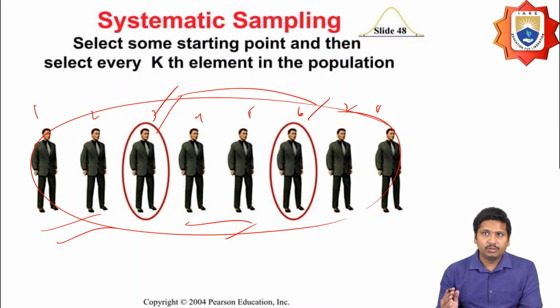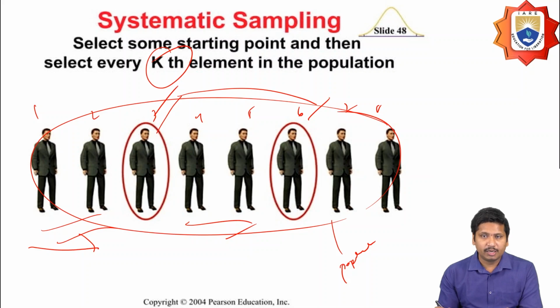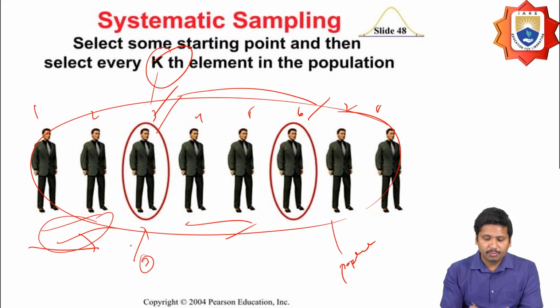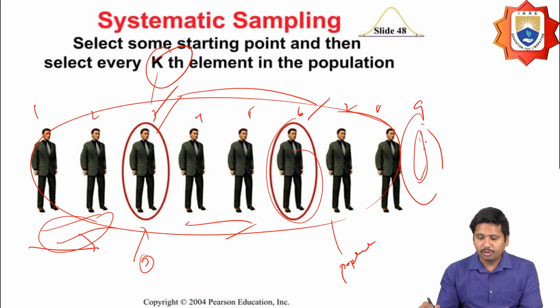We select a starting point, and then select every kth element in the population. Here the kth element may be 3, so 3, then 3 plus 3 is 6, and 6 plus 3 is 9, which I select.